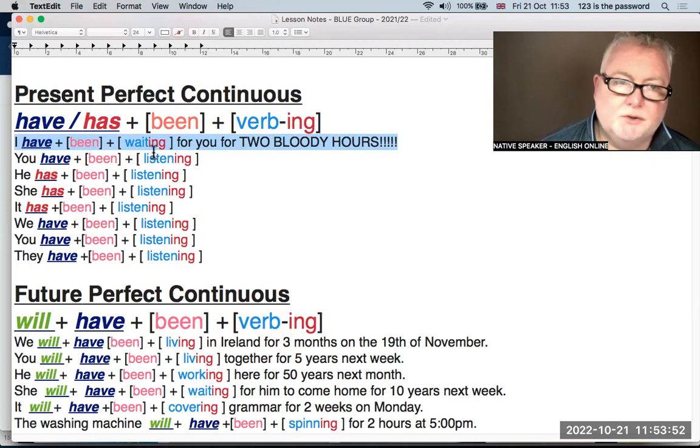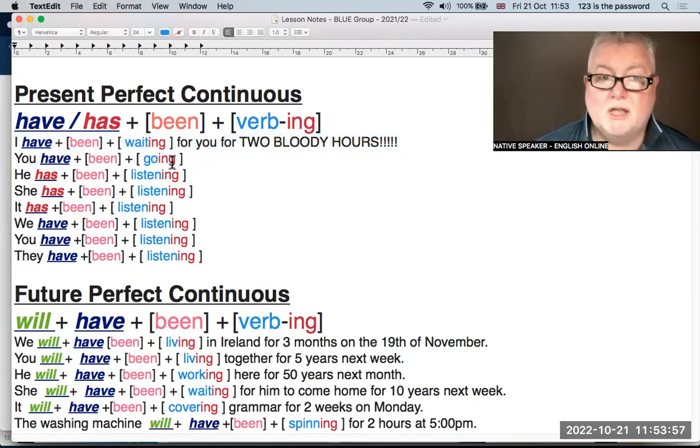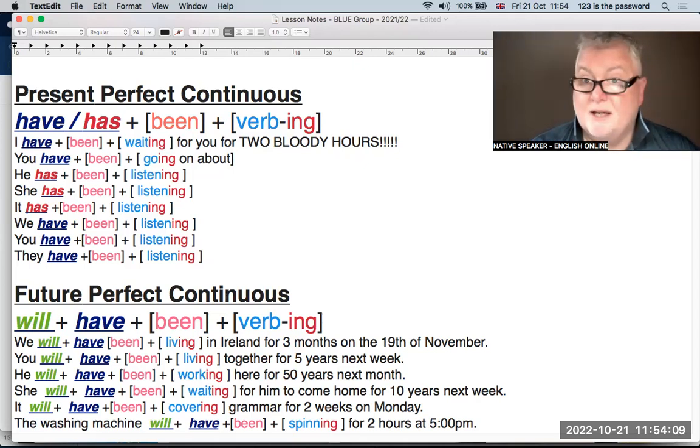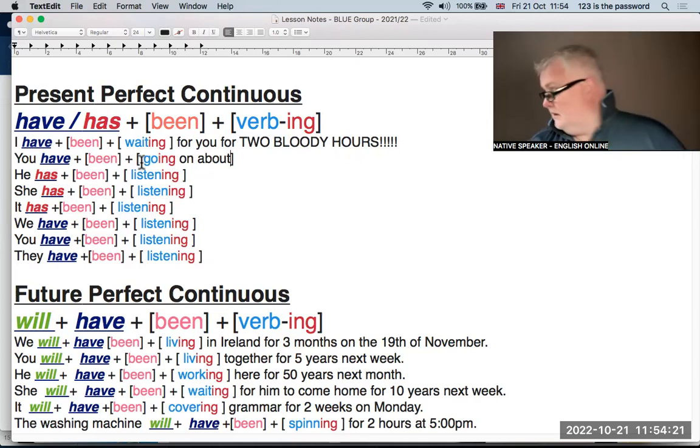Good, good, good. When somebody talks too much about something, we use the phrasal verb go on about. Go on about means talking about a situation or a person, and you're not a fan of this. You don't like it.